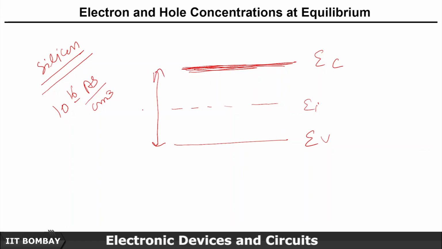So this comes out to be 1.12 electron volt. The band gap Eg is equal to 1.12 electron volt. Now EF, your Fermi energy level, is somewhere here, and your dopant level is somewhere here, ED.